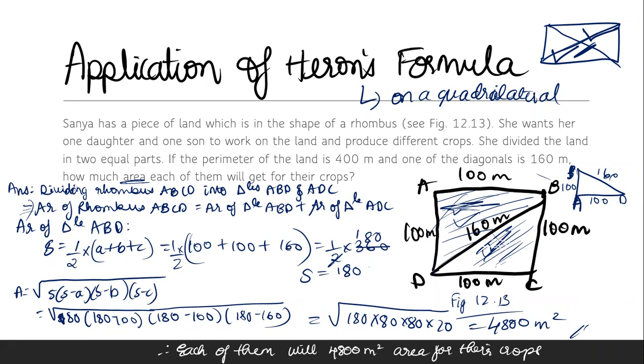But here, since we are asked only of one triangle, and since all the sides are equal, we just had to find out the area for one triangle, right? Here the diagonal also was equal, the sides were also equal, isn't it? So therefore we just had to find out for one triangle, and the other triangle will also have the same area. So guys, that's it.